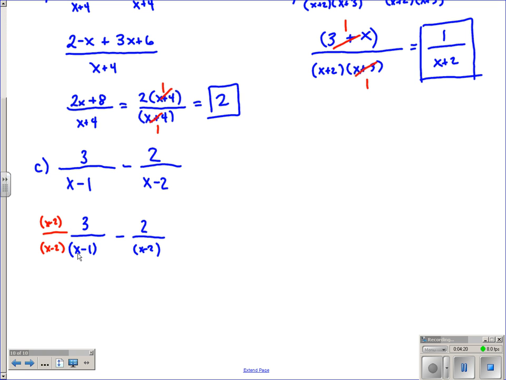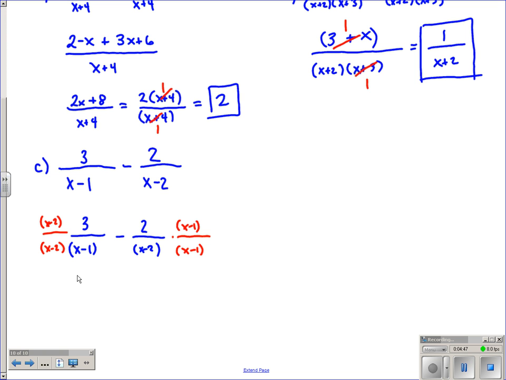Now this denominator and this denominator share that factor. And let's do the same thing over here. Let's multiply this one by whatever factor that this fraction has that this one doesn't have, which is the x minus 1. Remember, x minus 1 over x minus 1 has the same value as 1. So we're not changing the value of anything, we're just changing what it looks like.